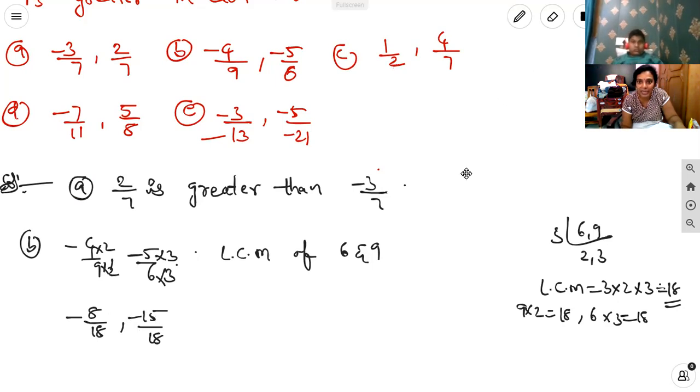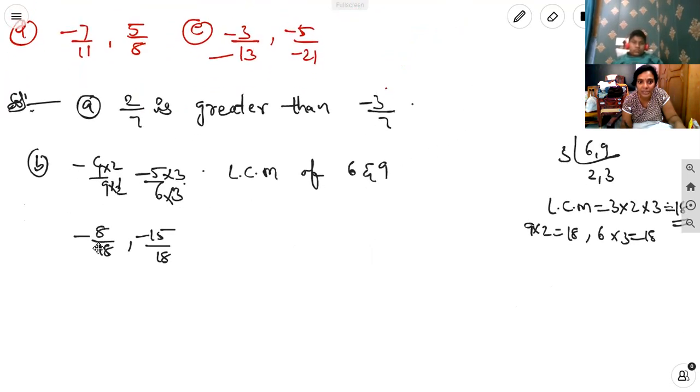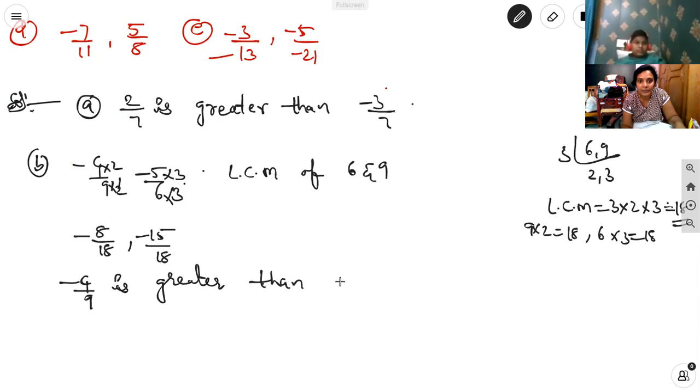The negative of the smaller number is greater than the negative of the bigger number. So minus 8 by 18, which equals minus 4 by 9, is greater than minus 5 by 6.